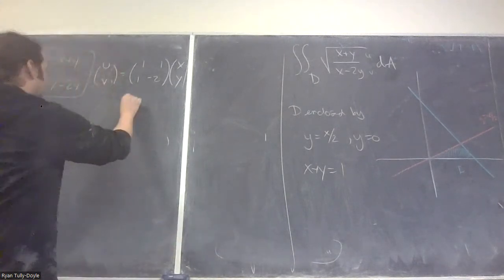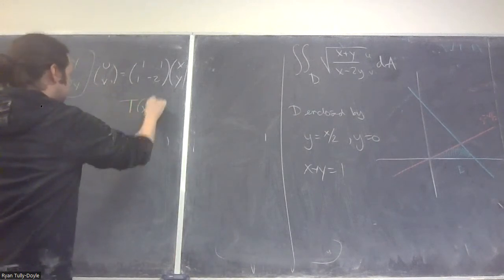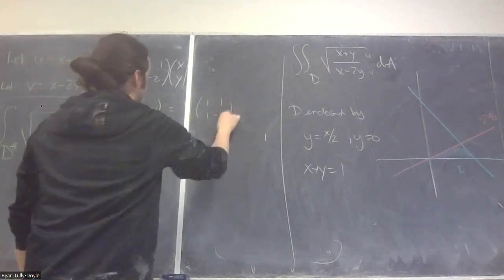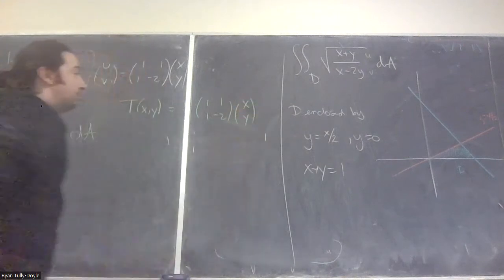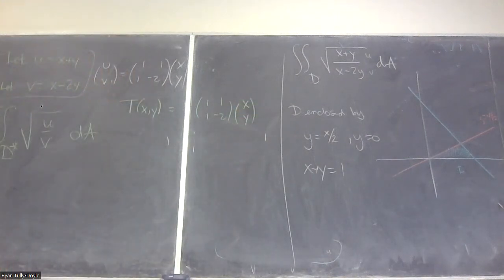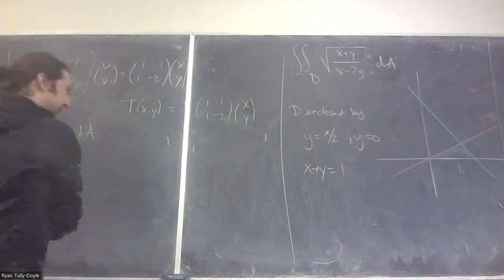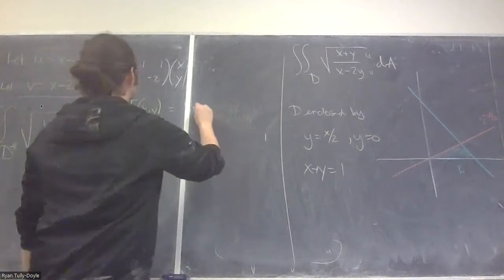So let's define T of x and y equal to the matrix 1, 1, 1, minus 2 times x, y. So what's our new region look like? In fact, we don't even need that. Why am I putting this in matrix notation? I must be a glutton for punishment.